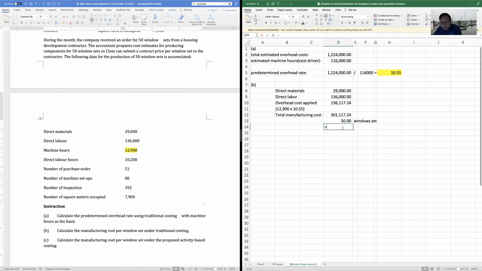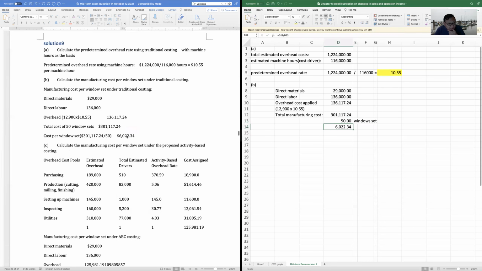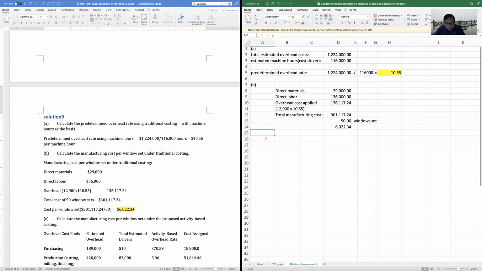So for each window, this total divided by 50. So that's going to be $6,022.34. Yeah, that's our solution here. It's this number, okay?